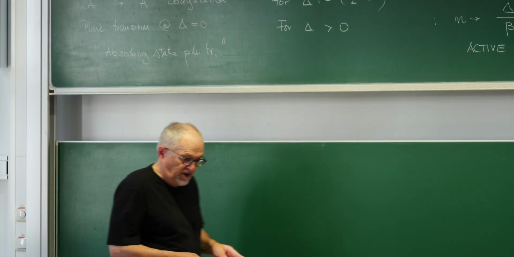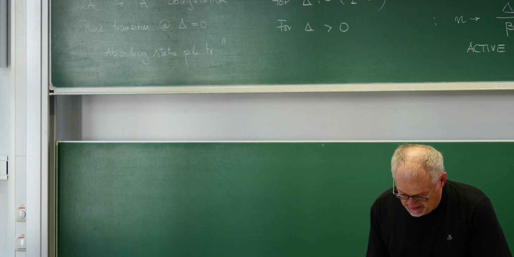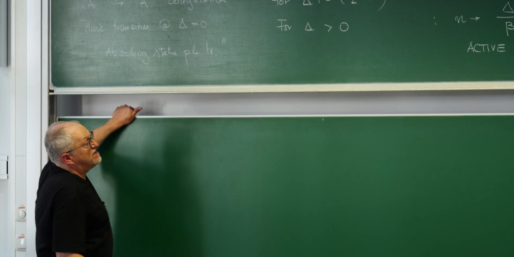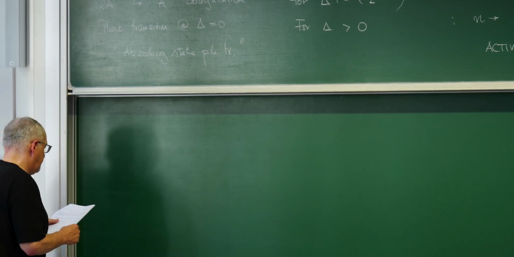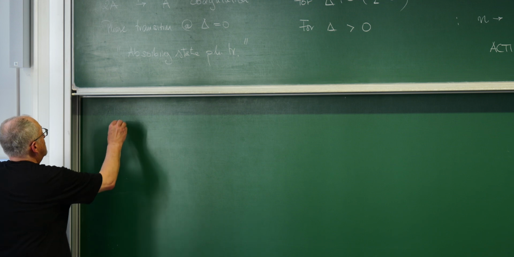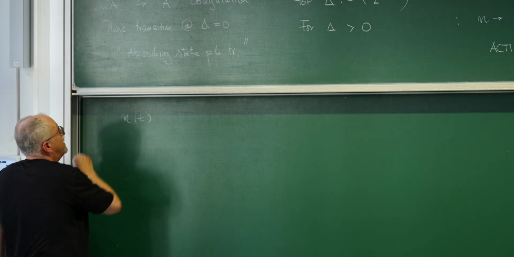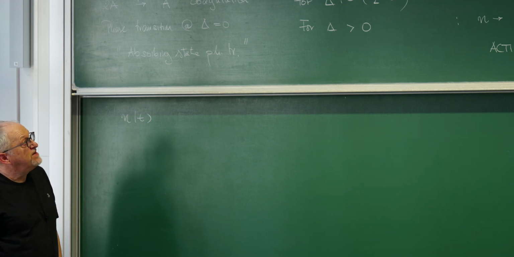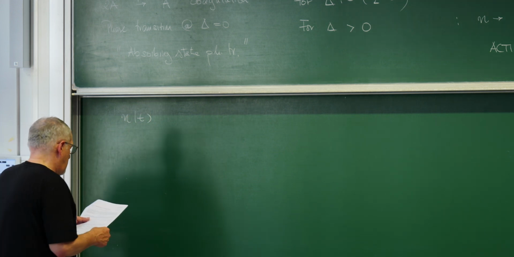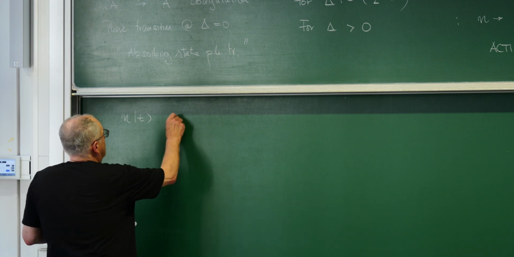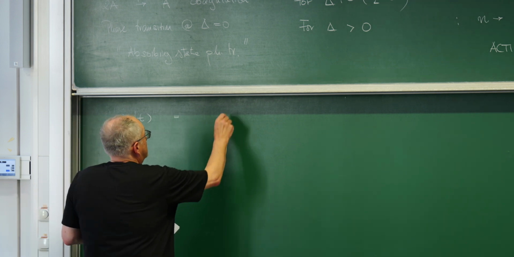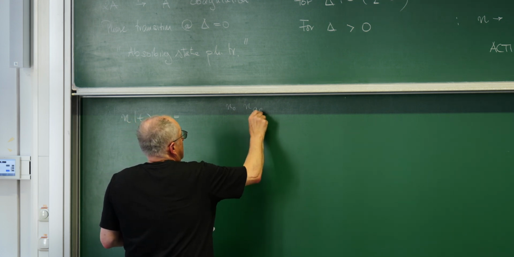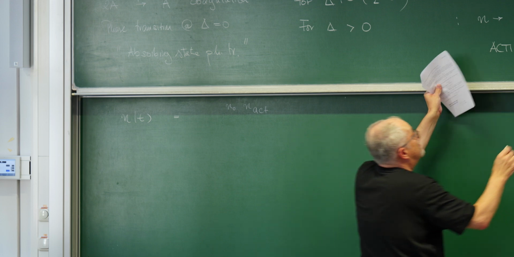So let me now characterize that transition in a similar fashion as you would do in a mean field analysis for a ferromagnet. So let's solve the equation of motion, n of t. And luckily, if you look at that equation, it's simple enough to find an exact solution. I'm not going to show you how you do this, you can just check that this is true. So this is the initial state.